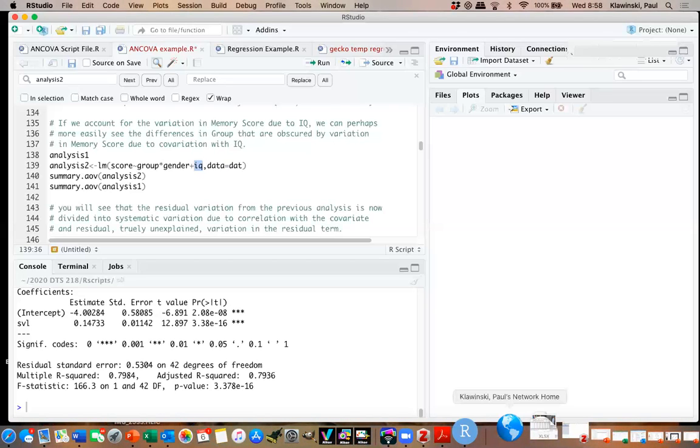What are you comparing? The lowest full professor to the highest associate professor? No, you would compare the adjusted means. So you would need to extract the adjusted means and say the adjusted mean for assistant professors is this, the adjusted mean for associate professors is this, the adjusted mean for full professors is this.